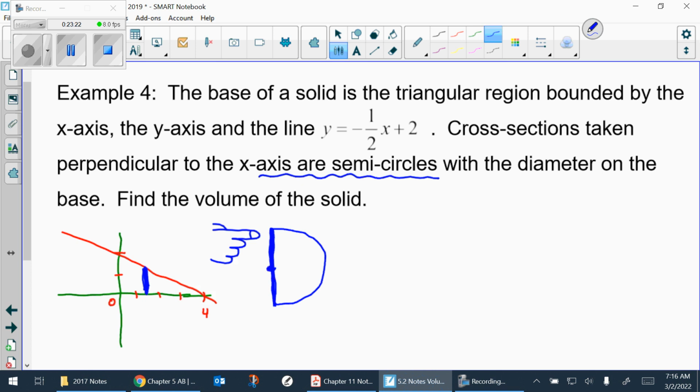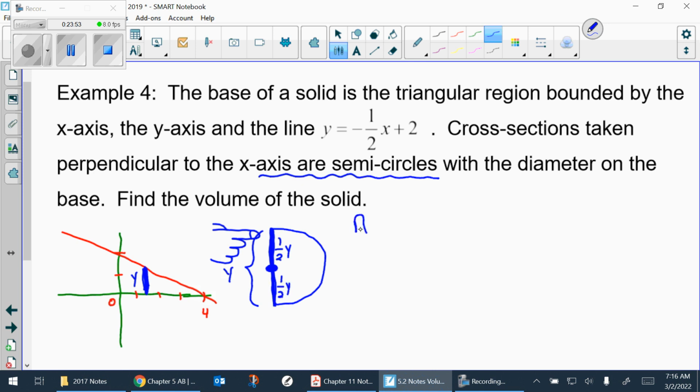So put the center of that semicircle right there. And this distance right here was y. So that means this whole distance here needs to be considered y. And so this radius is half of a y, because to find the area of a semicircle, well, we need radius, don't we?